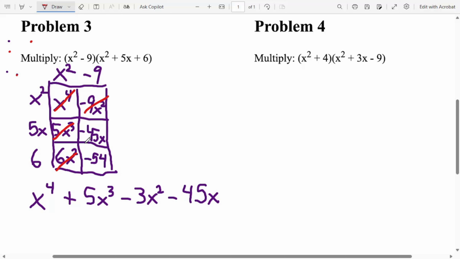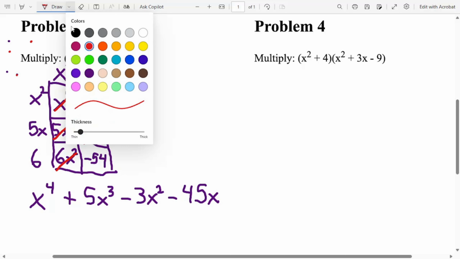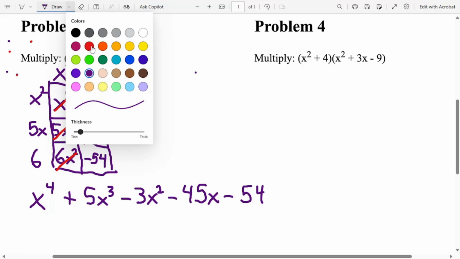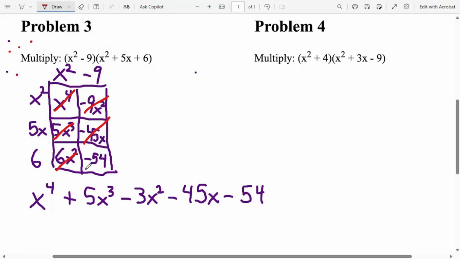We'll cross that off. And then finally, we've got minus 54. And we'll cross that off, and now we know that we are done.